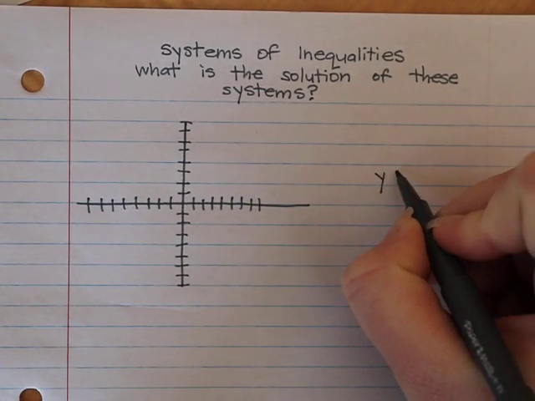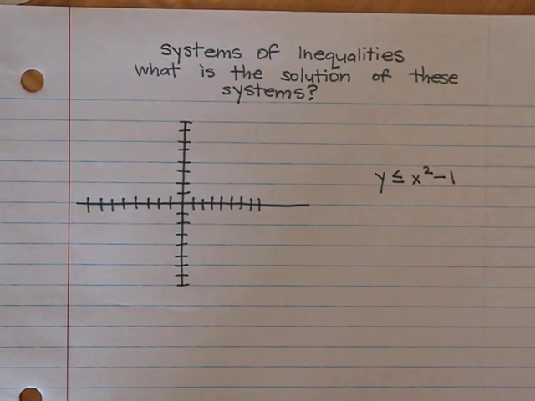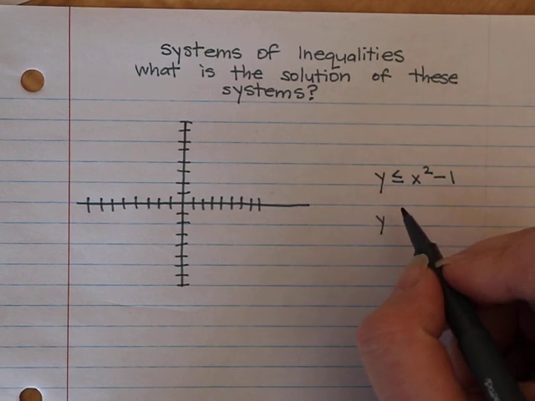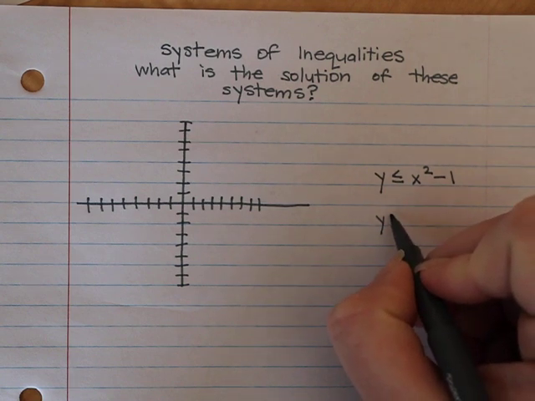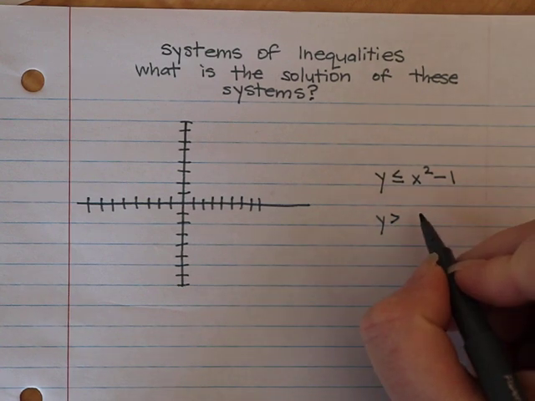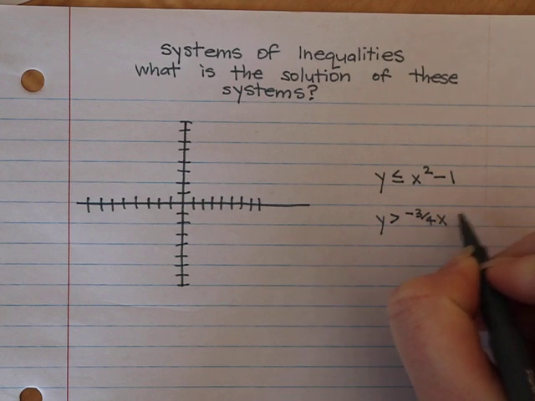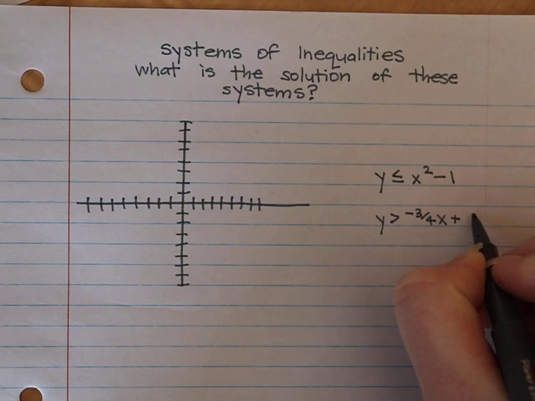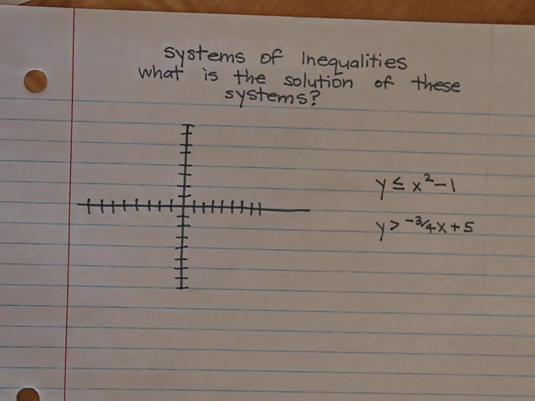I'm going to say y is less than or equal to x squared minus 1. And then I'm going to say y is greater than negative 3/4 x plus 5. Okay, no idea why I picked those numbers. They felt right in the moment.